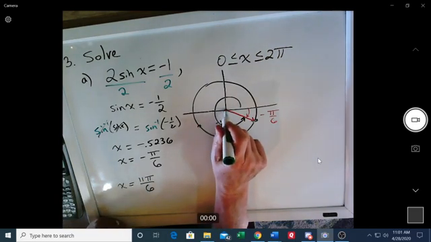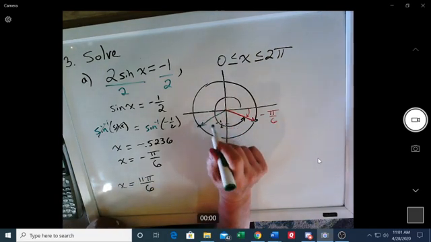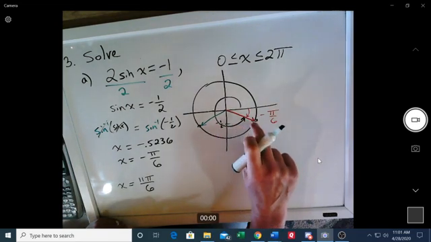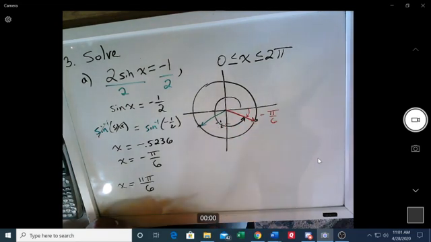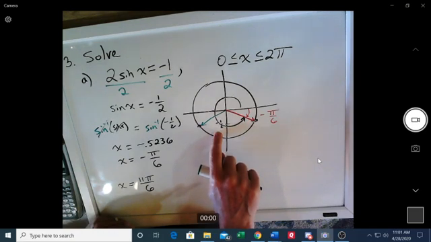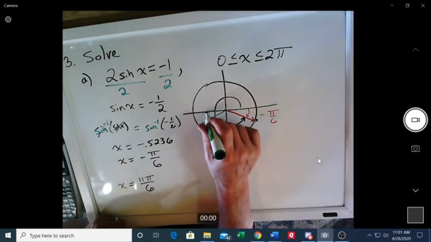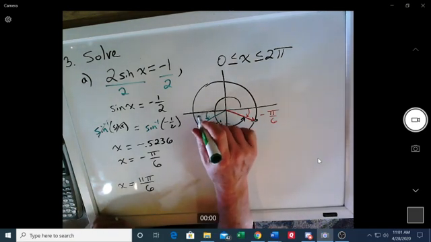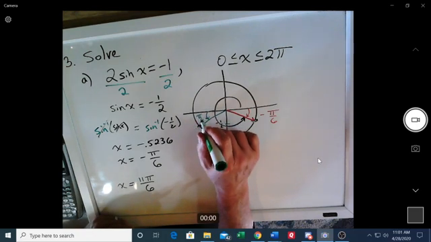My other answer was... these two angles will both have a y-coordinate of negative 1/2. So the sine of them will be negative 1/2. Now this one is such that its reference angle is pi over 6.